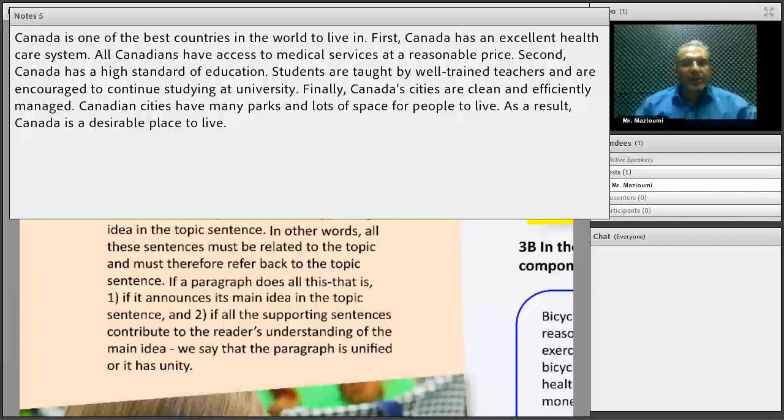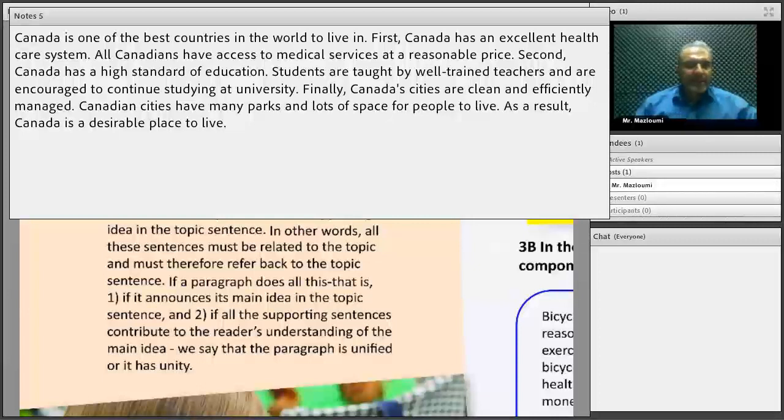Students are taught by well-trained teachers and encouraged to continue studying at university. Finally, Canada's cities are clean and efficiently managed. Canadian cities have many parks and lots of space for people to live. As a result, Canada is a desirable place to live.